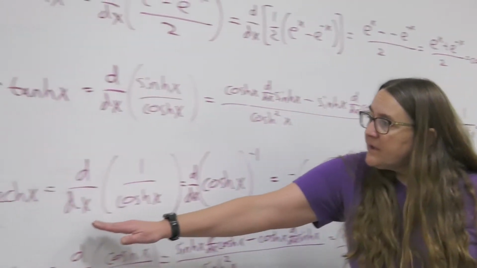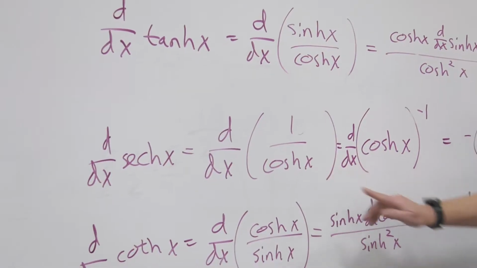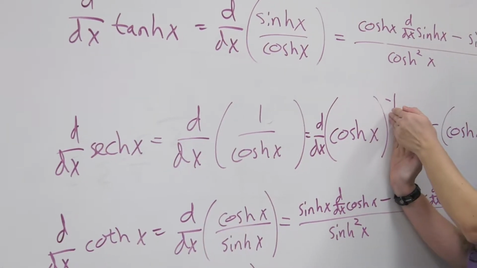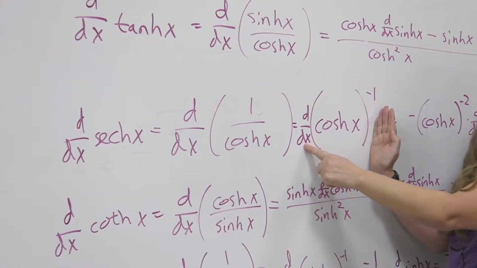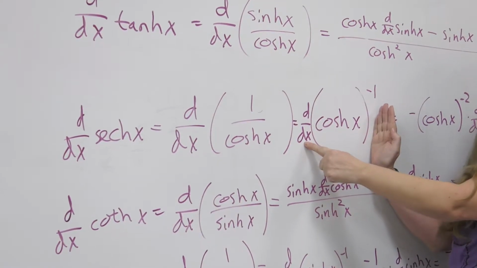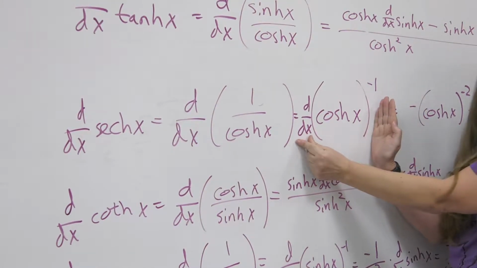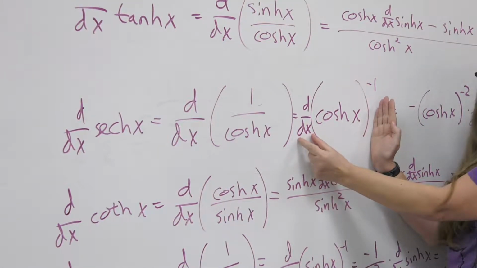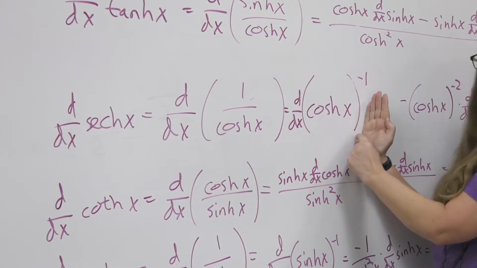Now, when we take the derivative of sech, I rewrote that as 1 over cosh, which is cosh of x to the negative 1. Quick note, before we paused the video, I had forgotten to write the d by dx here. I noticed that while you had the video turned off, so I have fixed that now. There should be a d by dx in front of this term. I chose to use it this way, so I just used chain rule.